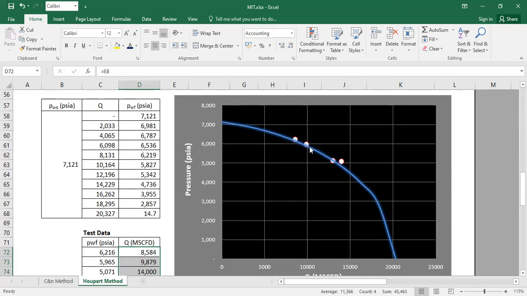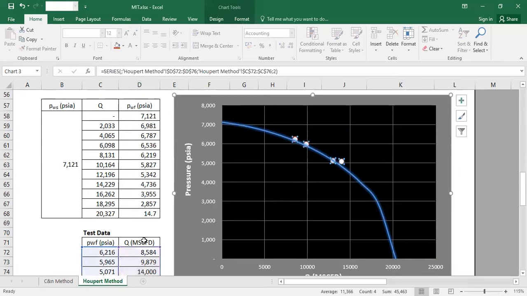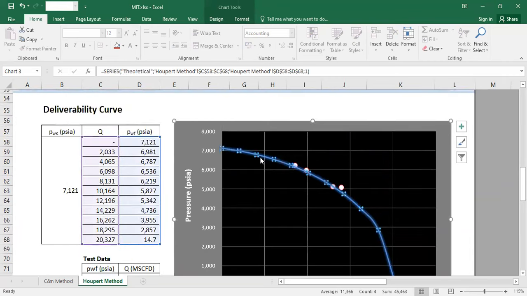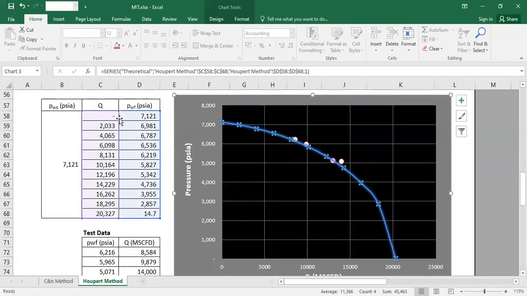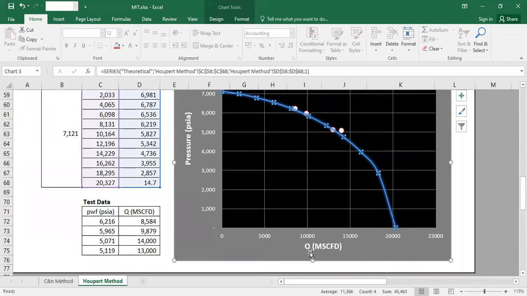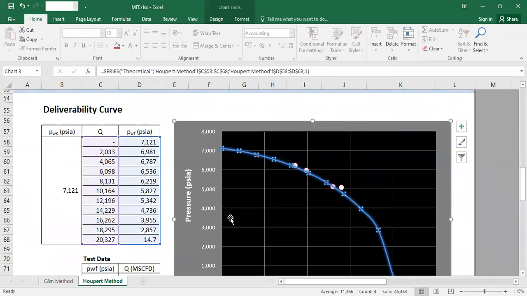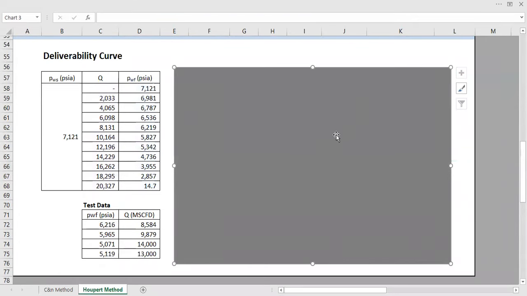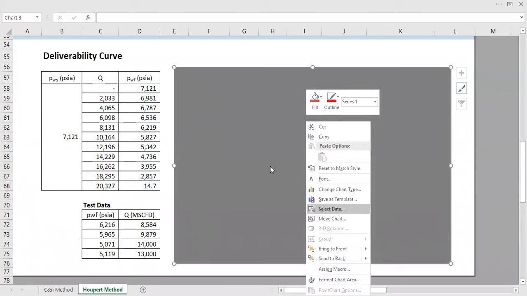All right, so I call the data points here, can do like this, and then the deliverability curve or the IPR curve, just do like this. And this plot we construct by using flow rate at the horizontal axis and pressure at the vertical axis. Okay, if you are not sure, I can delete like this and then select data.